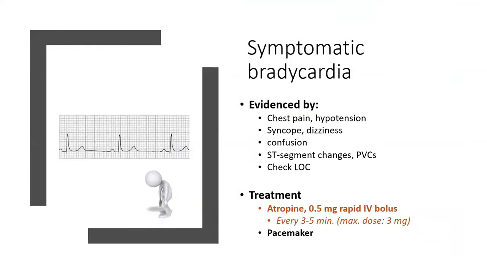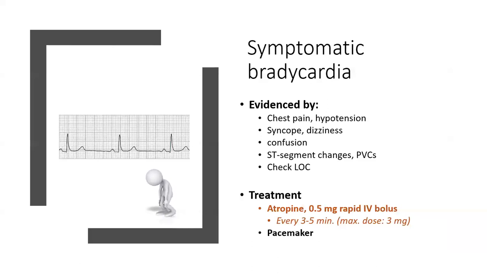So with symptomatic bradycardia, sinus bradycardia can cause decreased cardiac output that will likely cause activity intolerance. It does not typically cause pain if it's just a normal sinus bradycardia.